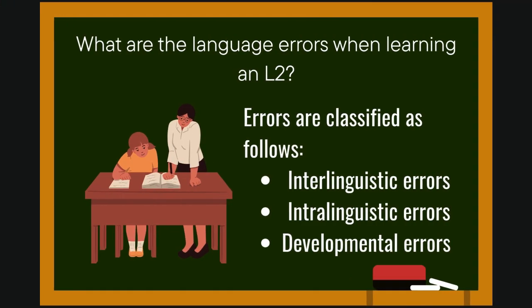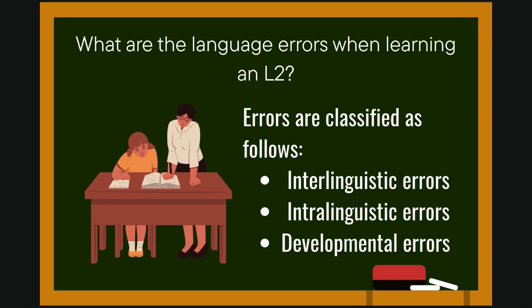So then, what are the language errors when learning an L2? Errors are classified as follows: interlinguistic errors, intralinguistic errors, and developmental errors. What does each one mean? Well, interlinguistic errors are caused by transfer from the learner's native language.